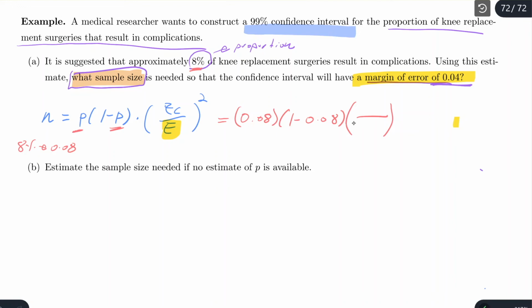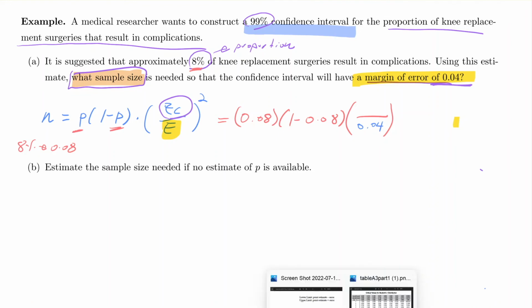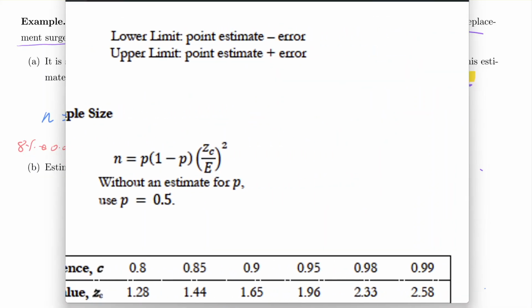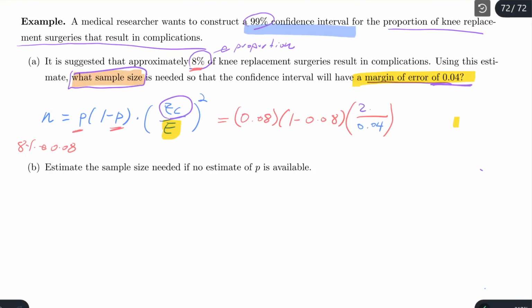So write the number down, 0.04. The critical value, they want to do 99%. So we find that 99% critical value from the Z table or the confidence interval table. 99% is 2.58.